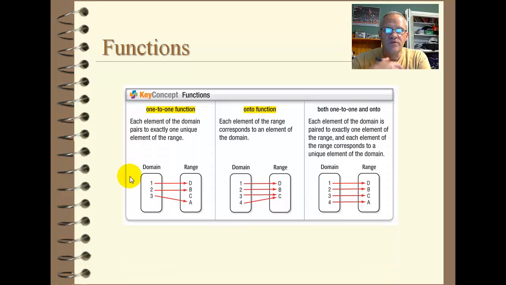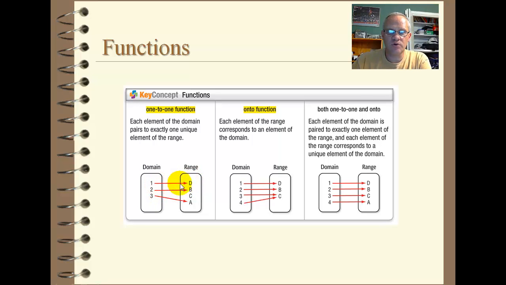All right, so within functions, there are a couple of different ways that can get split up. If you look at this little chart here, on the left side is the one-to-one function. Basically, that means that each x connects with only one unique y.